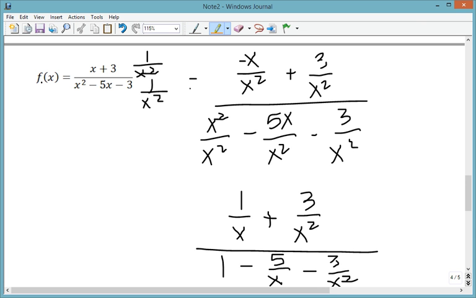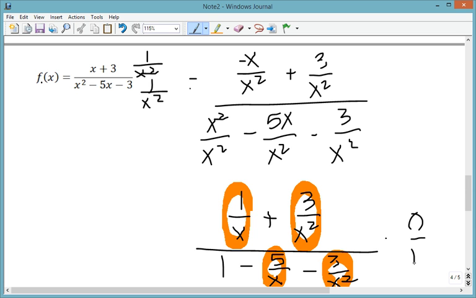As x gets big, first 10 and then 20, 100, 1,000, this is going to get close to 0. This is going to get even closer to 0. So on top, I have 0. On the bottom, I have 1, and the other terms are close to 0. So basically, I have 0 over 1, which equals 0.